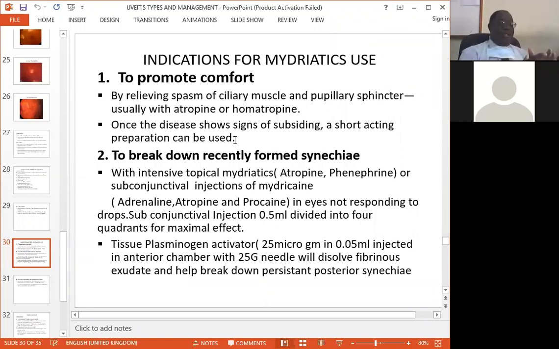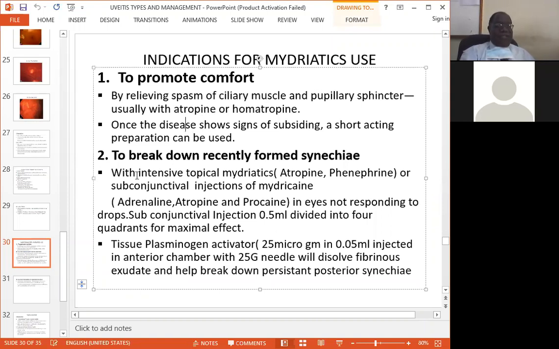You don't want a long-acting one to remain stuck on the lens surface in a dilated position. You haven't achieved anything like that. So the use of mydriatics promotes comfort.